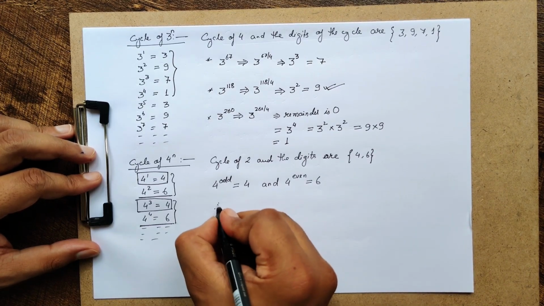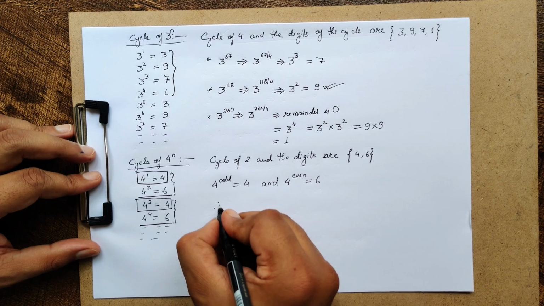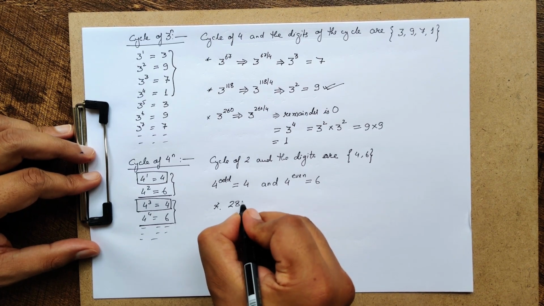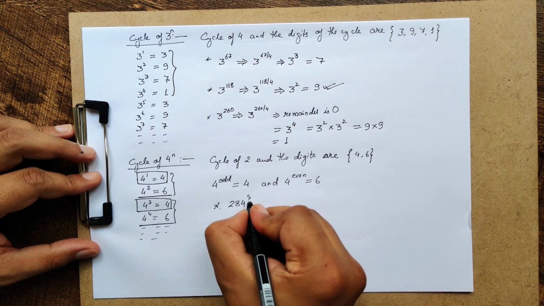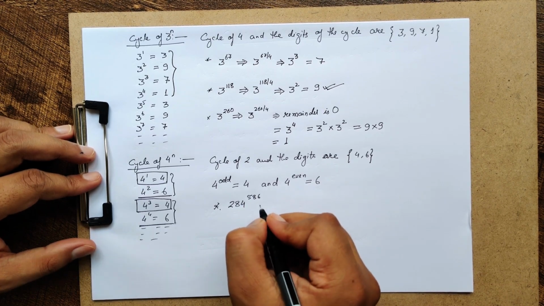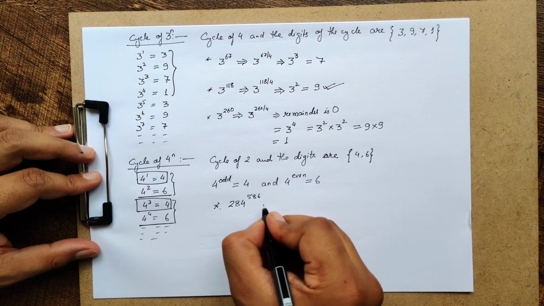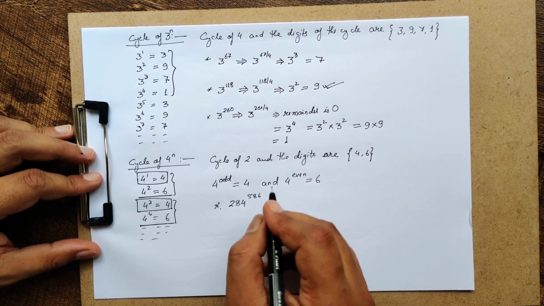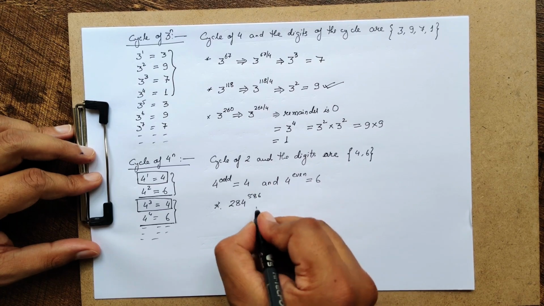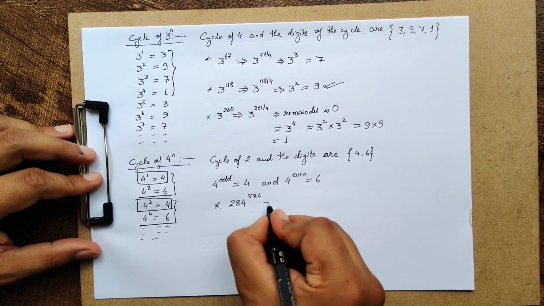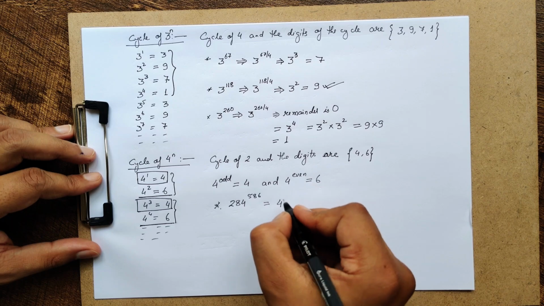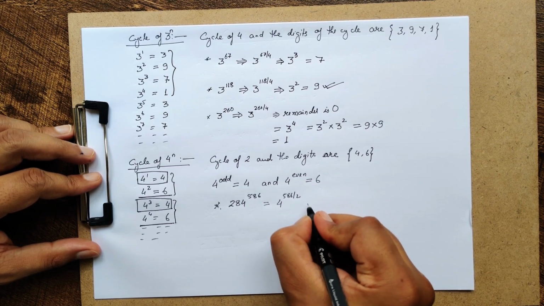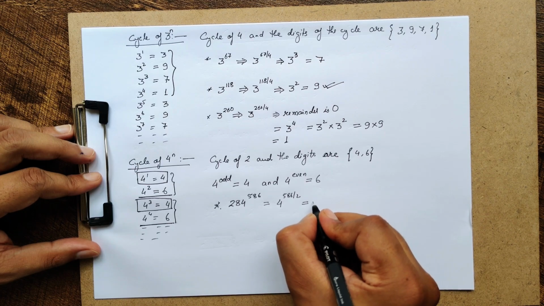Now let's see one example. Say 284 to the power 586. What will be the value of its units place? Now we know that it follows a cyclicity of 2. So we can write it as 4 to the power 586, divided by 2, remainder is 0.